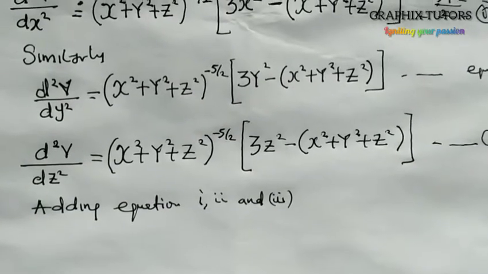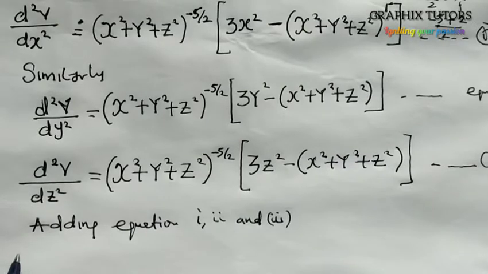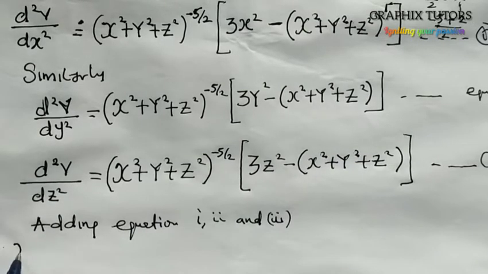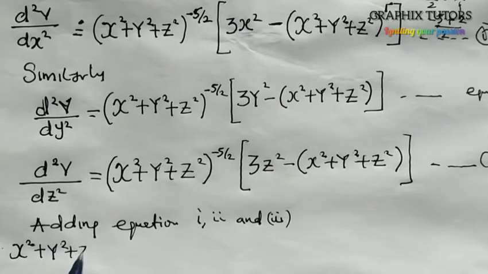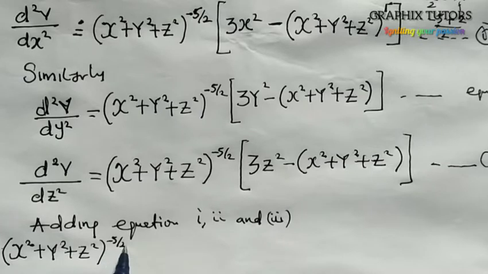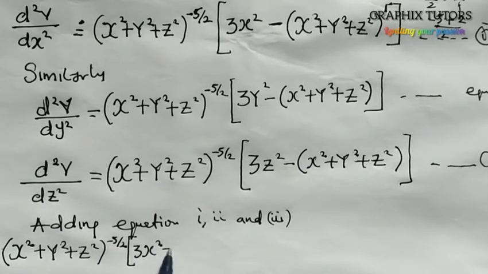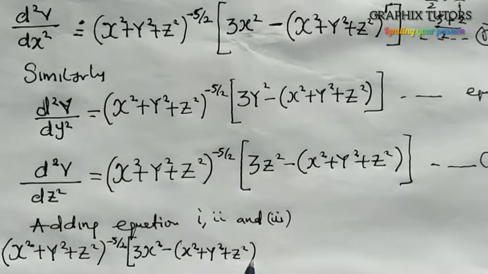So we'll do that, and from here the first one, which is this, I'll be having x square plus y square plus z square to the power of minus 5 over 2, open bracket, 3x square minus x square plus y square plus z square.